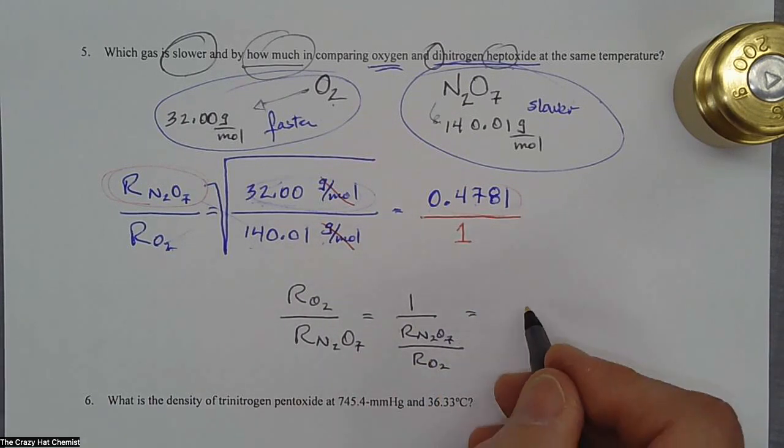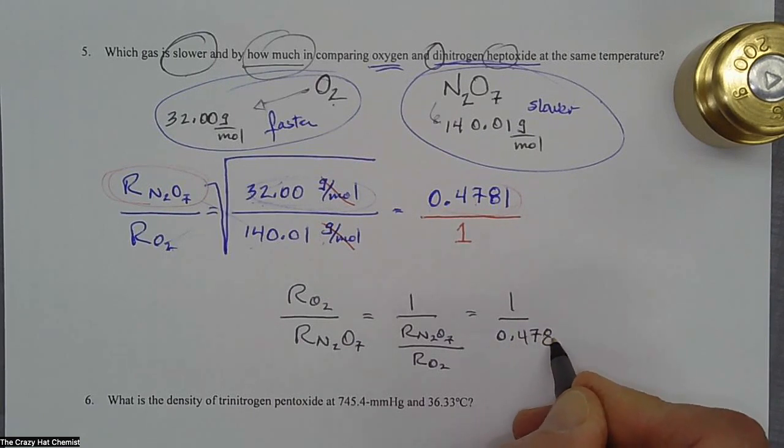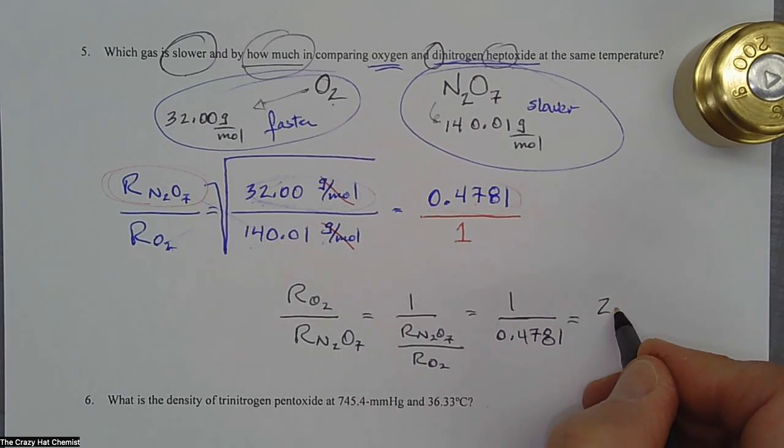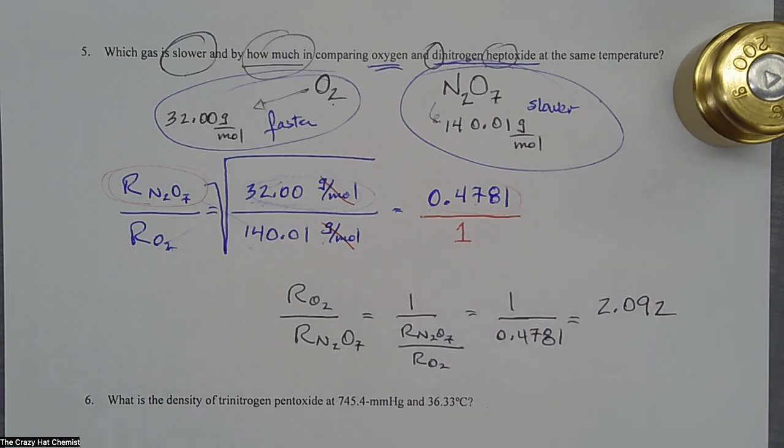If I were to do 1 over 0.4781, that would equal 2.092. Again, I'm running with the correct number of 4 significant figures. The denominator of this number is also 1, like any number. So that means that oxygen is traveling at a rate of 2.092 times faster than dinitrogen heptoxide, which is traveling at a rate of 1.